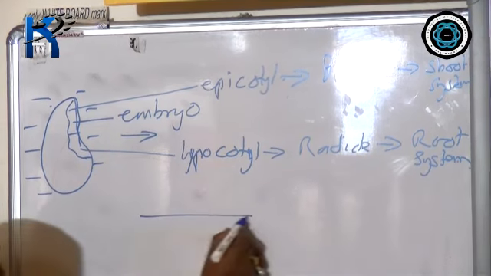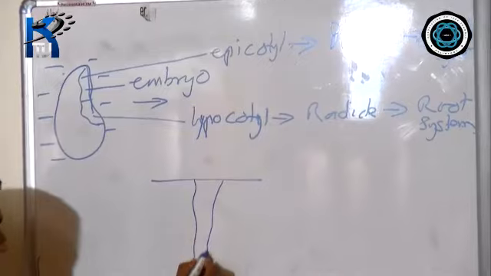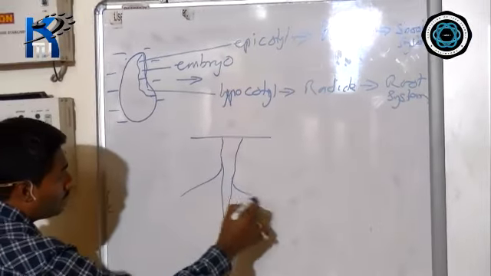So generally you see the vertical growth of this root.